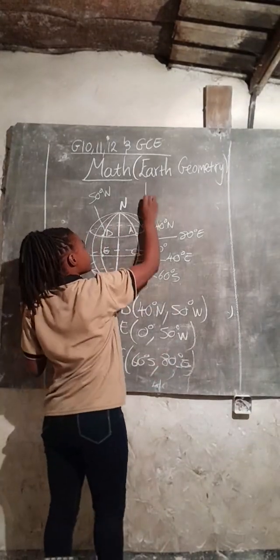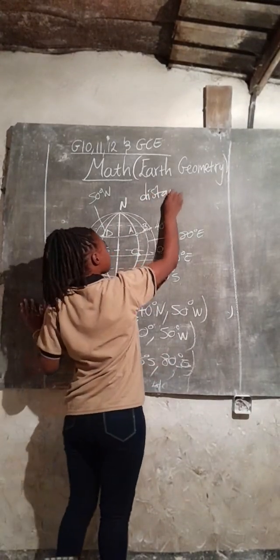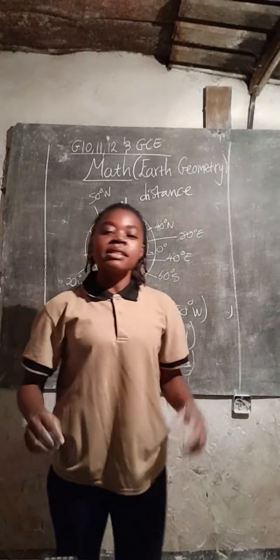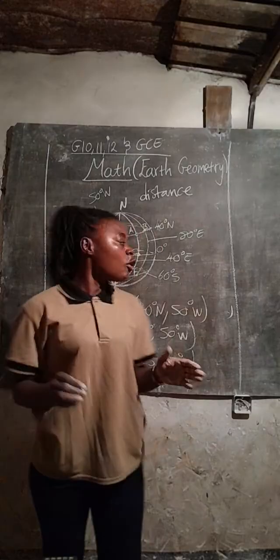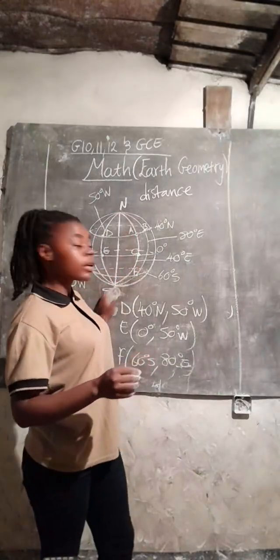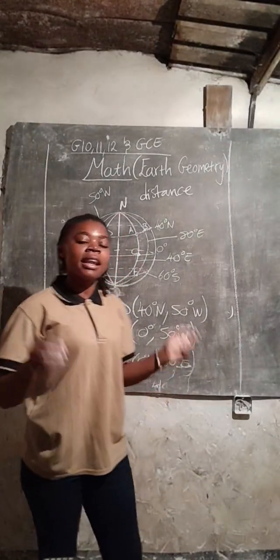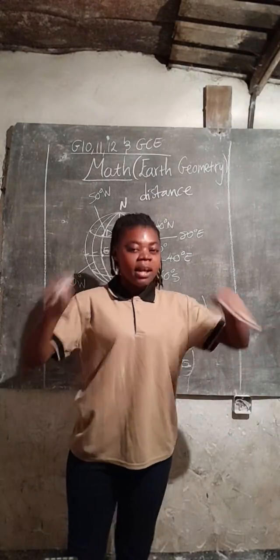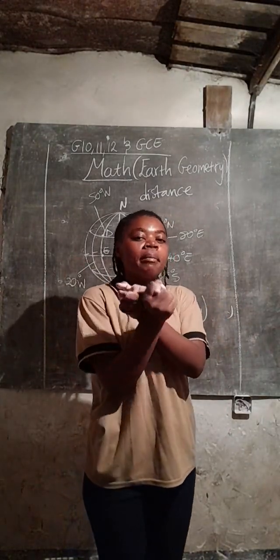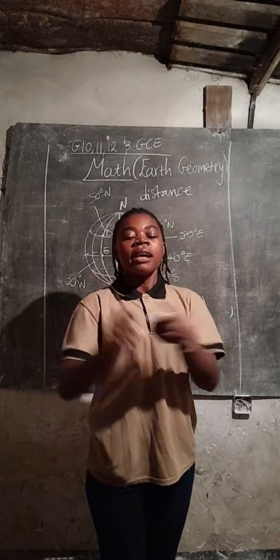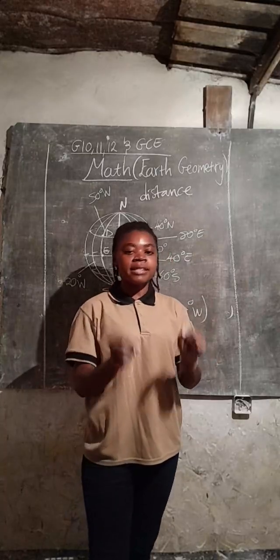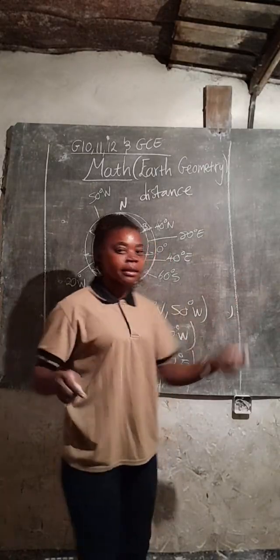So when you're talking about calculating distance, the examiner will ask you to calculate distance, which is either along the lines of longitude or along the lines of latitude. Right now, the only distance that I will talk about and introduce to you is the one where you're calculating points that are on the same longitude.